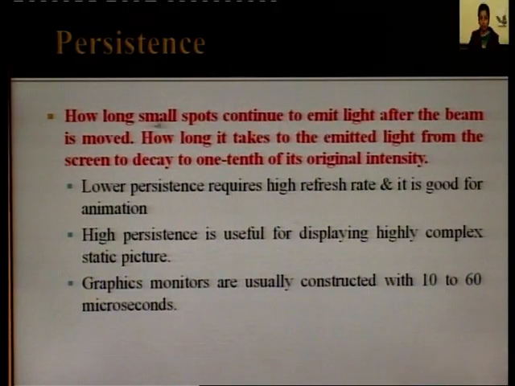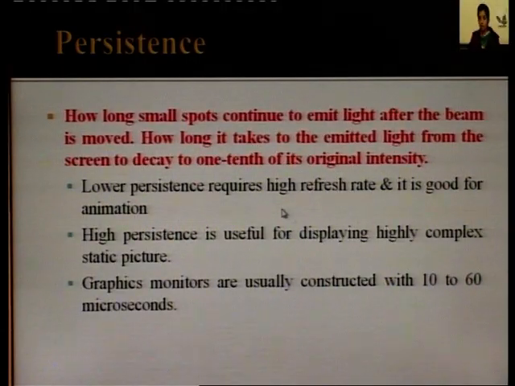Persistence: how long small spots continue to emit light after the beam is moved. That means how long they stay on the screen, or how long it takes the emitted light to decay to 1/10 of its original intensity. Lower persistence requires a high refresh rate, and it is good for animation.